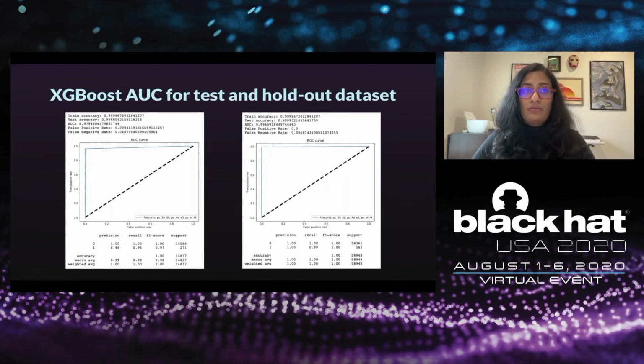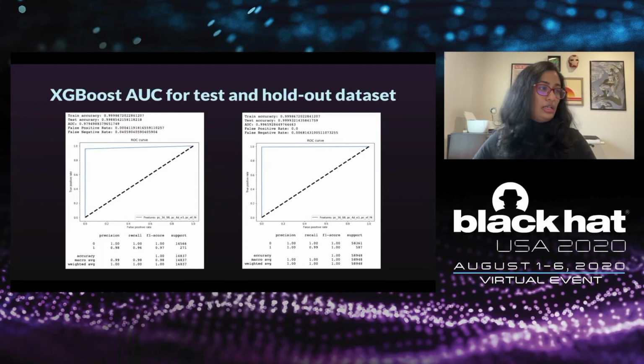It fares better than what we saw in the test data set. You can see the test accuracy was 99.9%, area under the curve 99.6%, 0 false positive rate, and 0.68% false negative rate. So it caught almost all parts of the attack, and 100% F1 score, which is great.